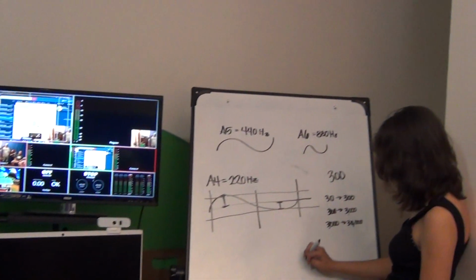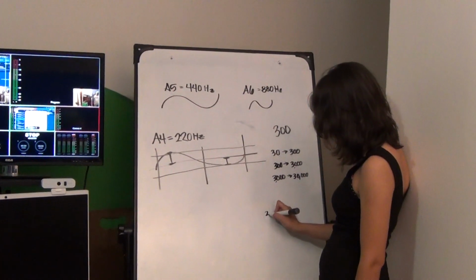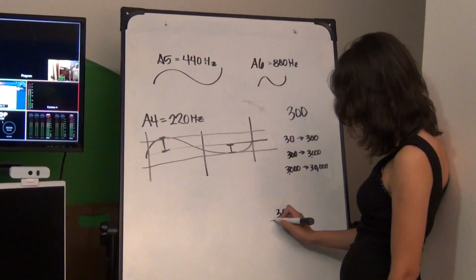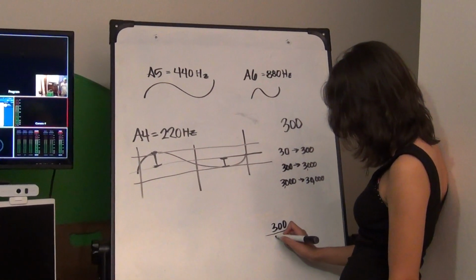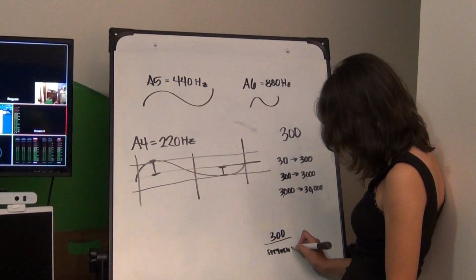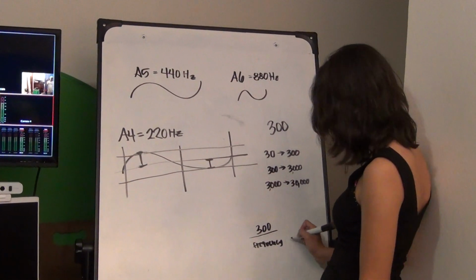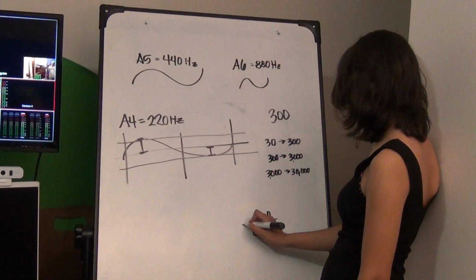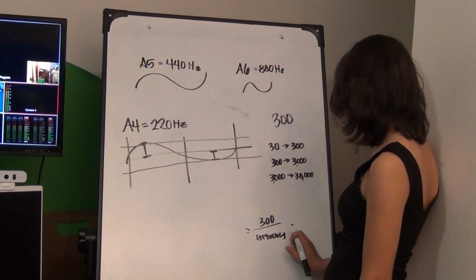So put an equation, 300 on top. Now put a line and make a fraction of that and put frequency. Make that equal to the fraction, okay?